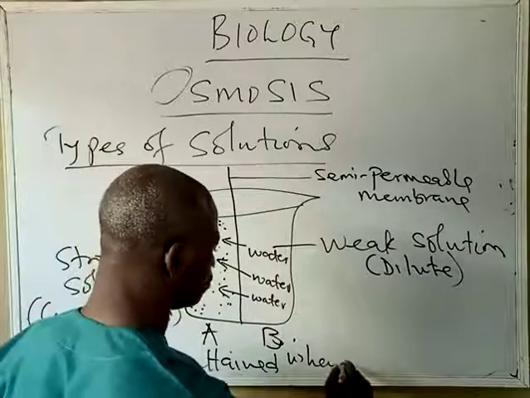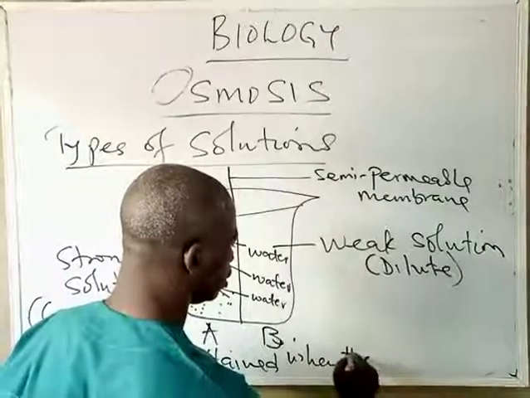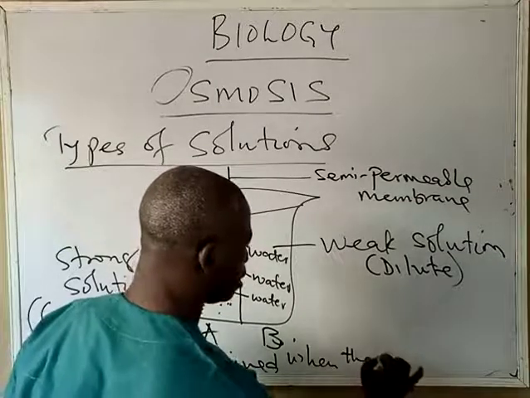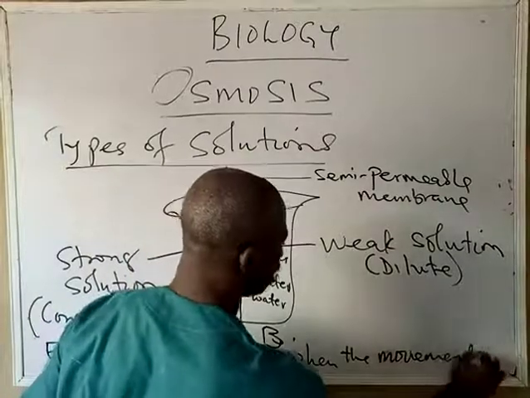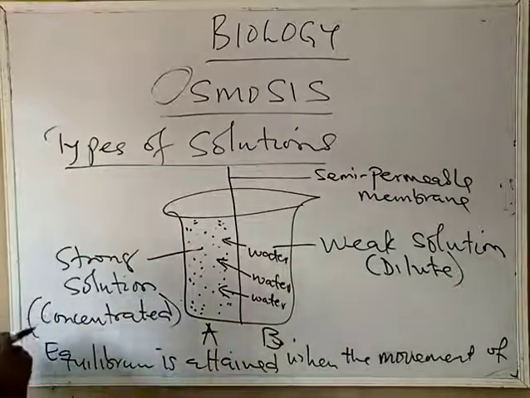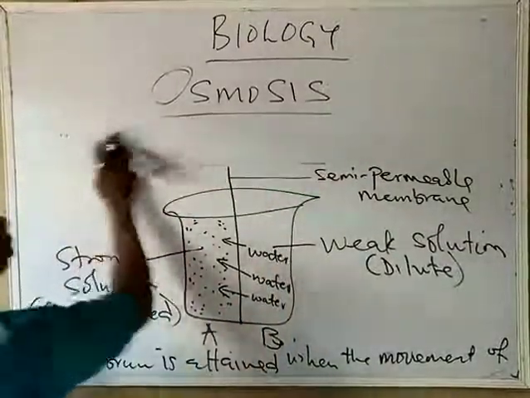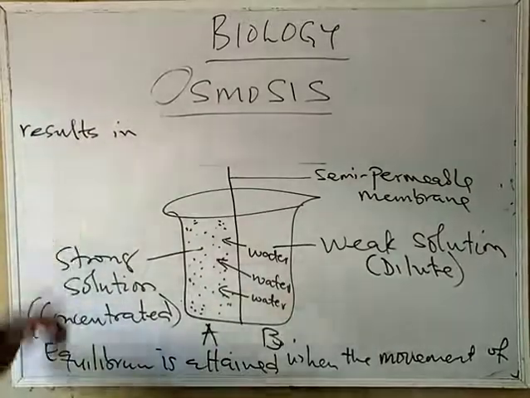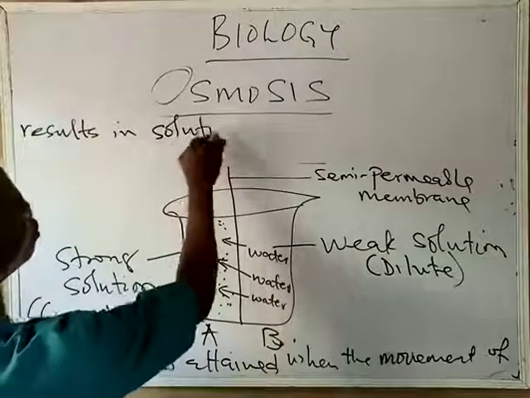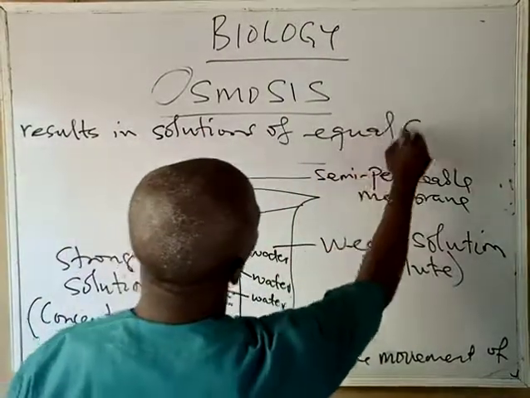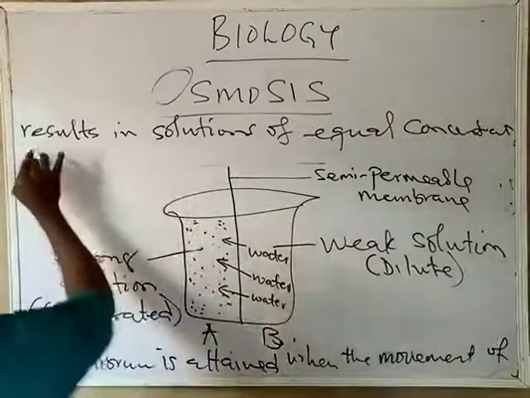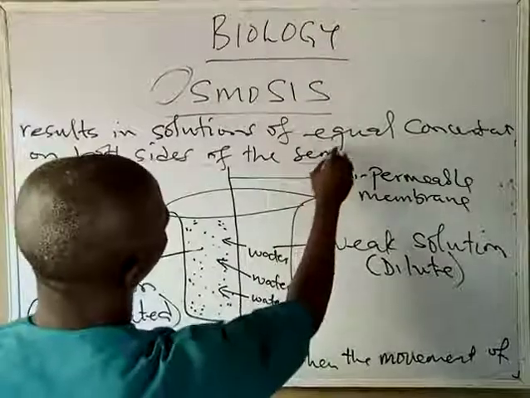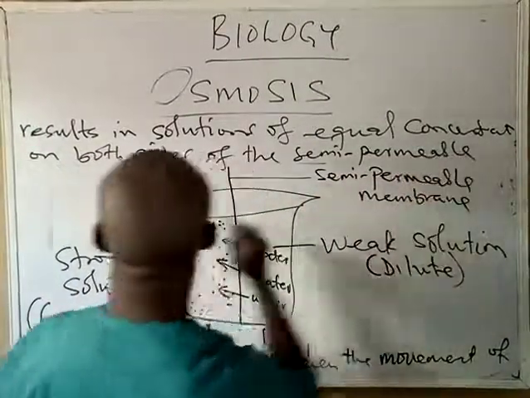Equilibrium is attained when the movement of water molecules results in solutions of equal concentration on both sides of the semi-permeable membrane.